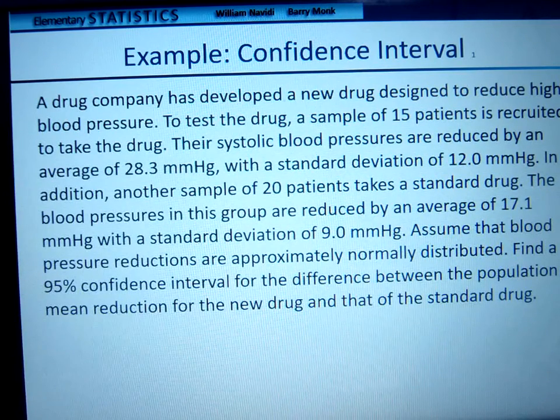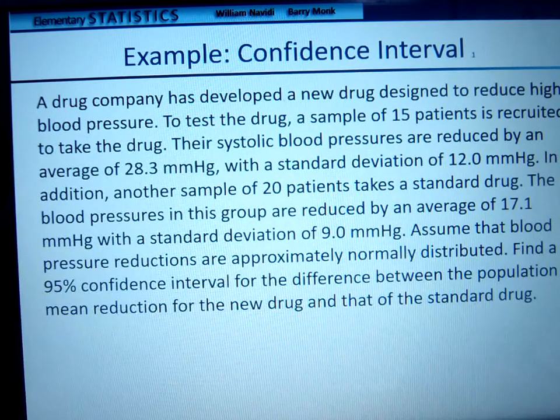So here we go again. A drug company is developing a new drug designed to reduce blood pressure. To test the drug, a sample of 15 patients is recruited to take the drug. Their systolic blood pressure is reduced by an average of 28.3 with a standard deviation of 12.